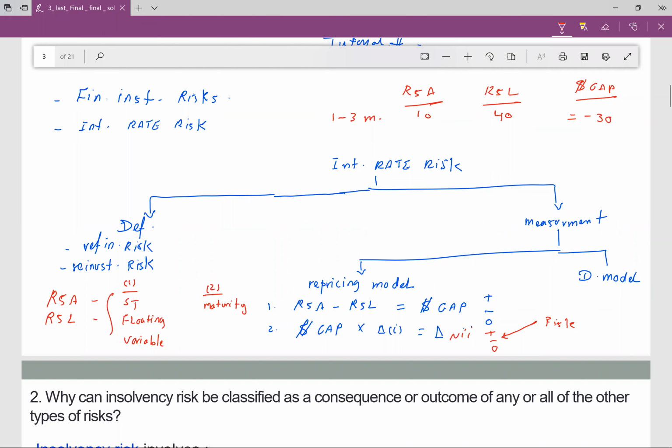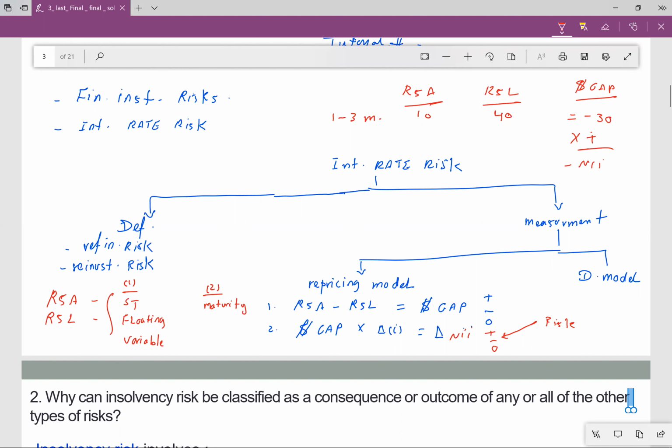The problem is if the interest rate is changing. If the interest rate is changing and the interest rate is going up, I'm not okay. Why? Because I have to ask for 30, and if there is an increase, so I have now minus 30. If there is a change in the interest rate, and this change is plus, which means the net interest income is minus.